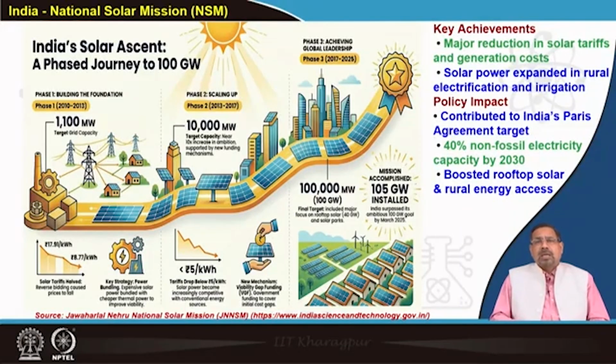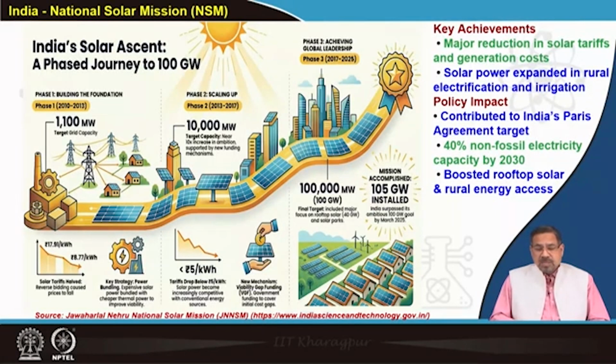And the key achievements: major reduction in solar tariffs and generation costs. Initially it was very high, now it has come down from 17.91 rupees per kilowatt hour to less than 5 rupees per kilowatt hour, and it is still going to decrease.